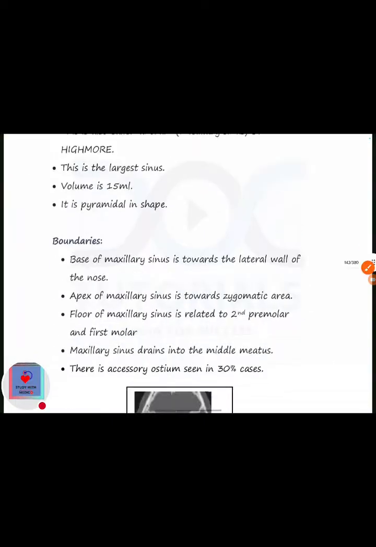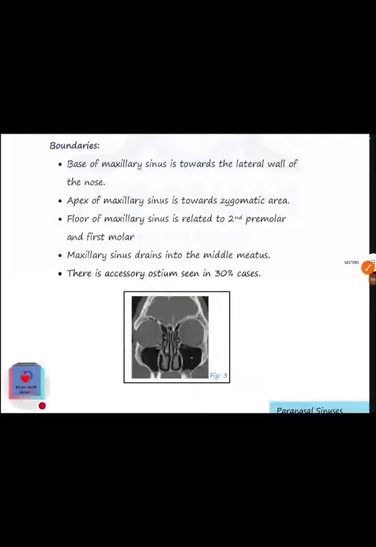Next, what are the boundaries? The base of the maxillary sinus is towards the lateral wall of the nose. The apex of the maxillary sinus is towards the zygomatic area.